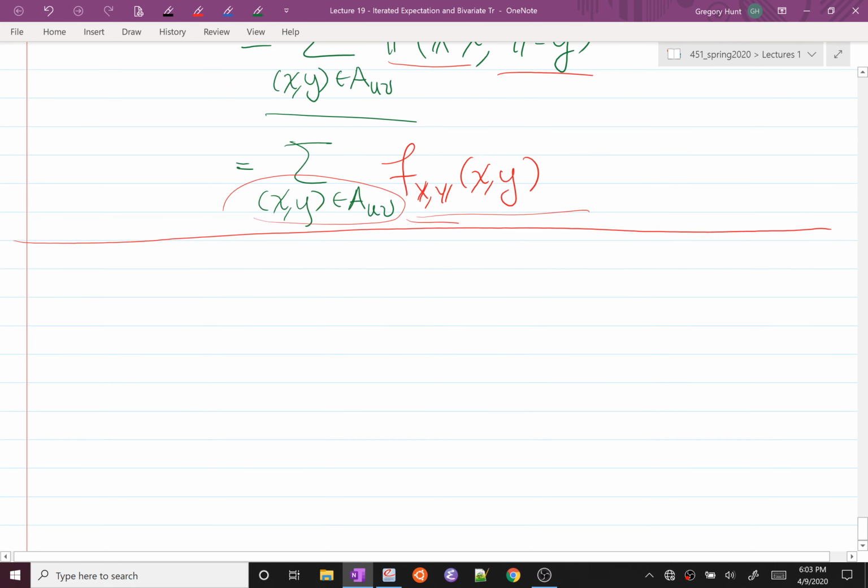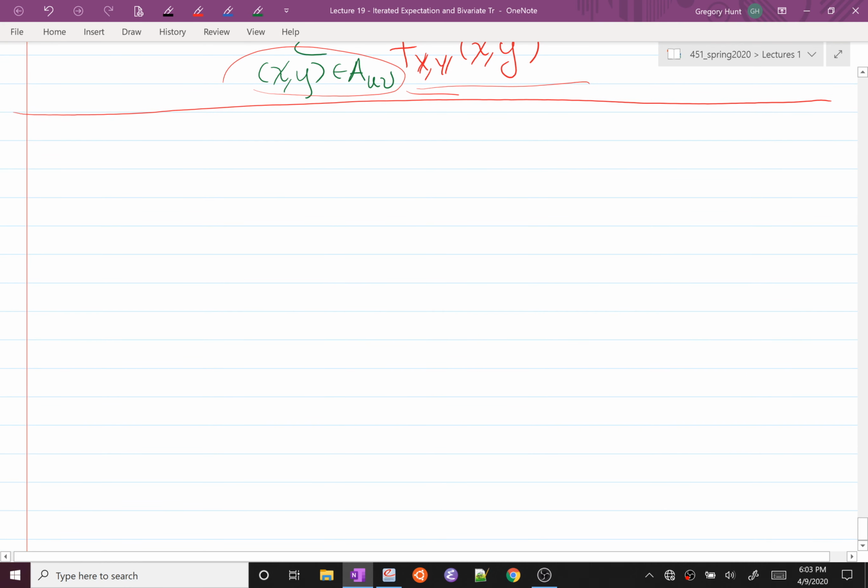So let's look at an example of this. We're going to develop a useful little theorem here. So here's my example. X and y are going to be two random variables, and I'm going to say they're independent of each other.